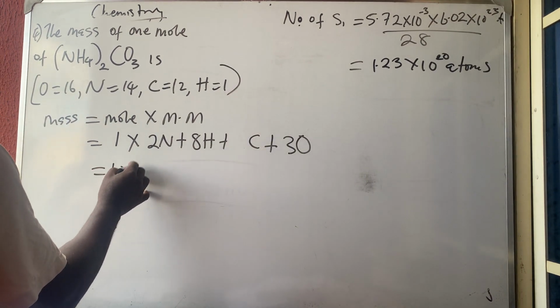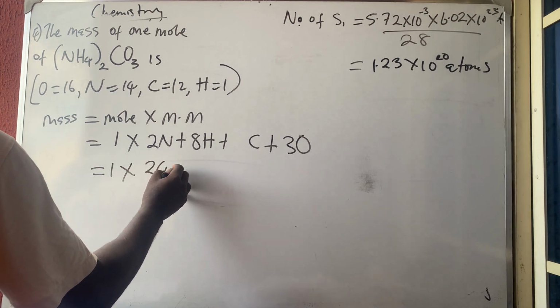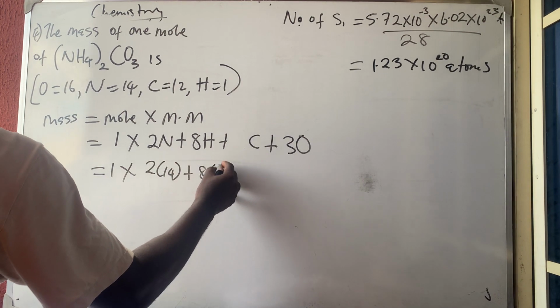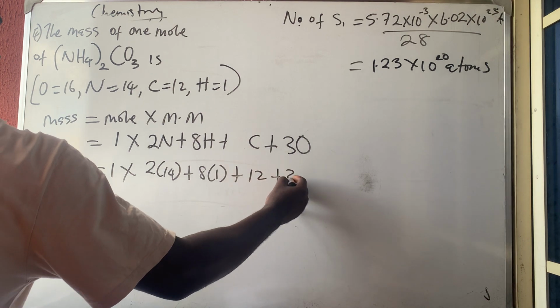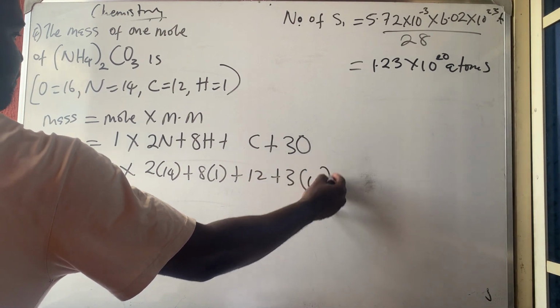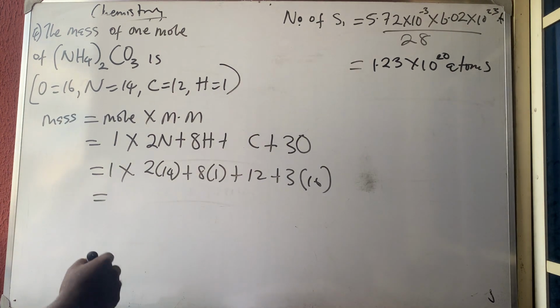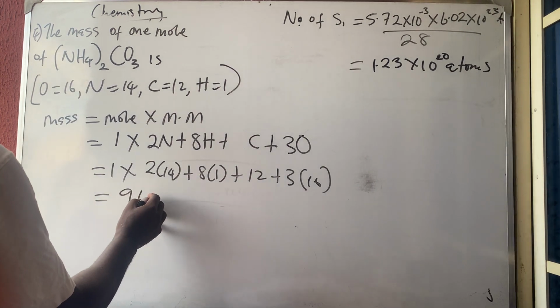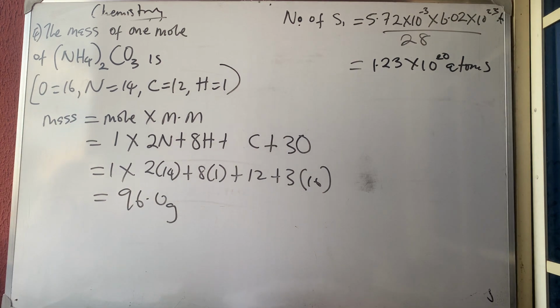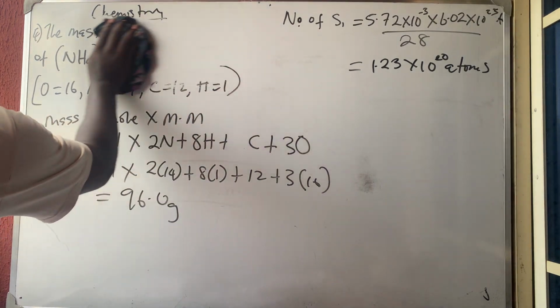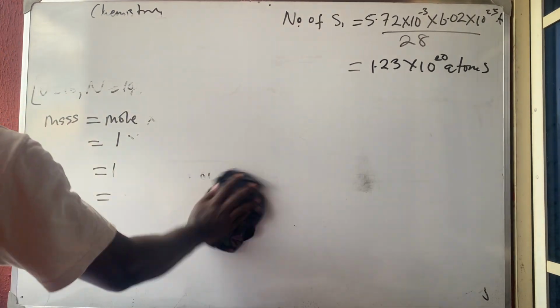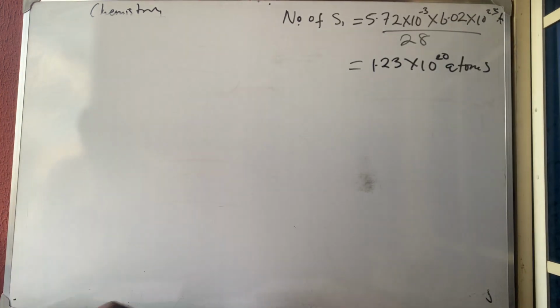So I have 1 times 2 into 14 plus 8 into 1 plus 12 plus 3 into 16. If you add everything, then times it by 1, you get the same thing. That is 96.0 gram. Okay, 96.0 gram is the correct answer. Let's continue.